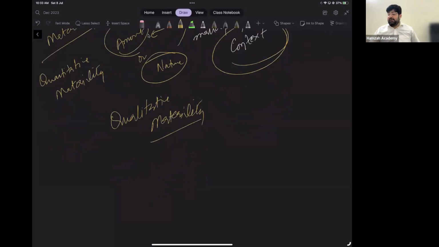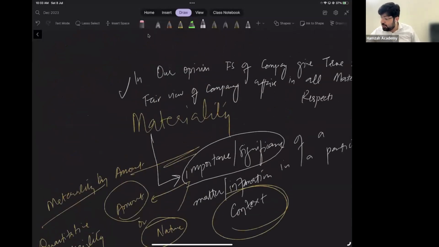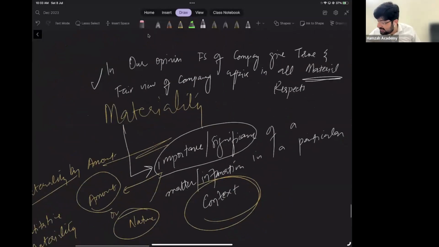Now, why are we discussing materiality? Because the auditor is saying financial statements give a true and fair view in all material respects.